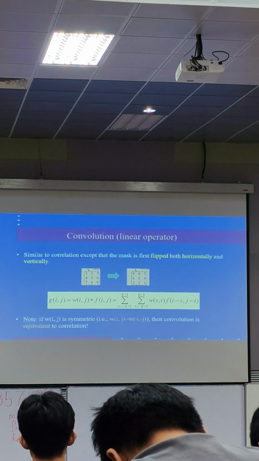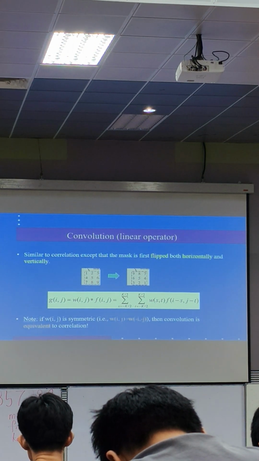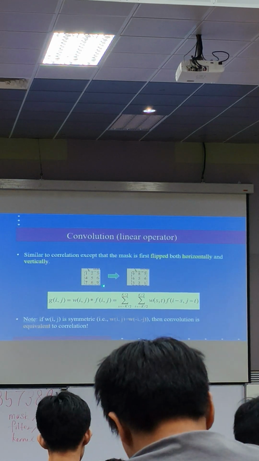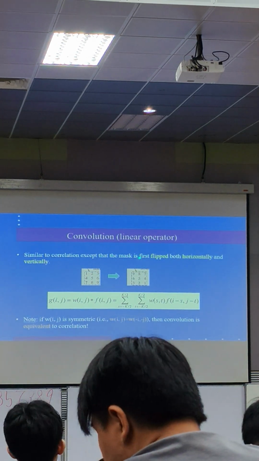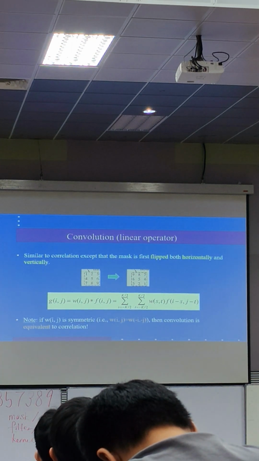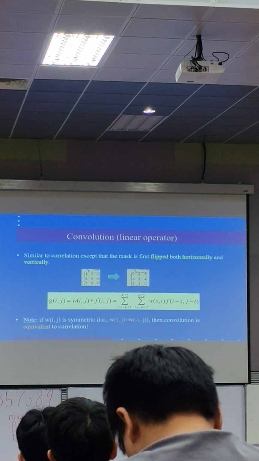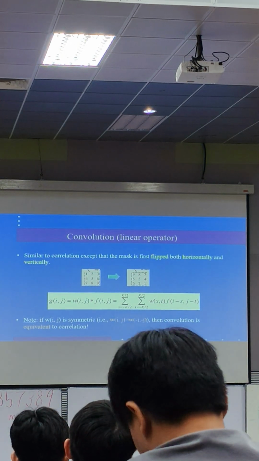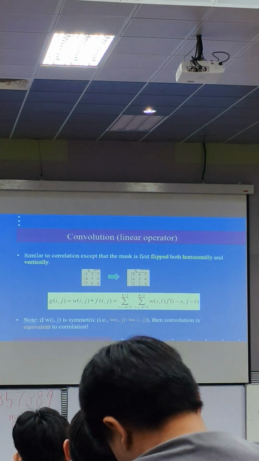So I flip it left to right, up to down. Originally 1, 2, 3, 4, 5, 6, 7, 8, 9, it will become 9, 8, 7, 6, 5, 4, 3, 2, 1. Then apply this kernel to my image. Exactly the same.